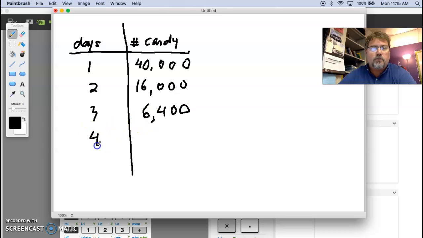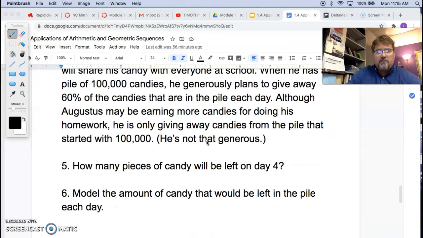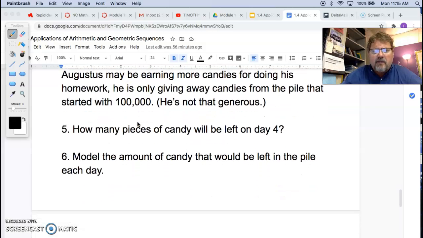And day 4, which is the day in question, he had 1,024. Okay, now that takes care of the first question. How many pieces would he have on day 4? Well, we got that. Now, we were careful not to use that 60%, but its complement, I guess you could say, of 40%. It says, model the amount of candy that would be left in the pile each day.